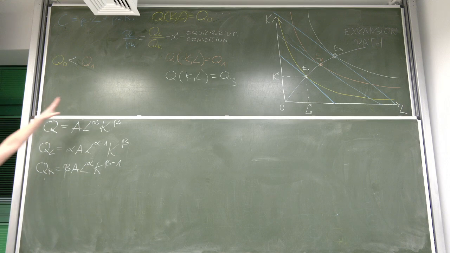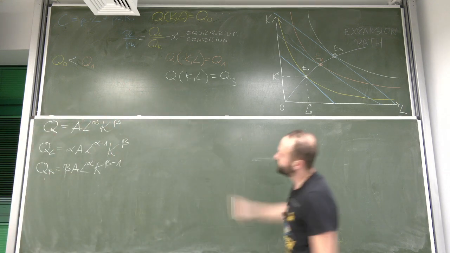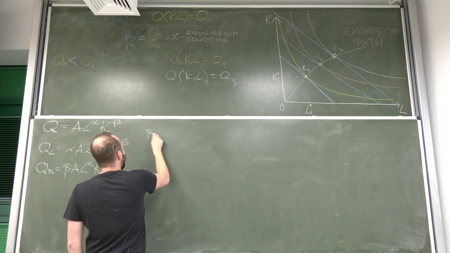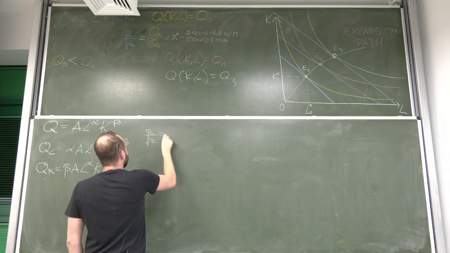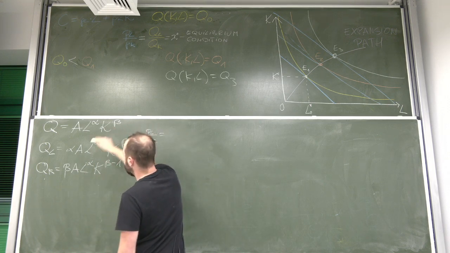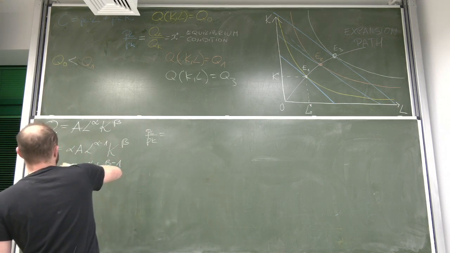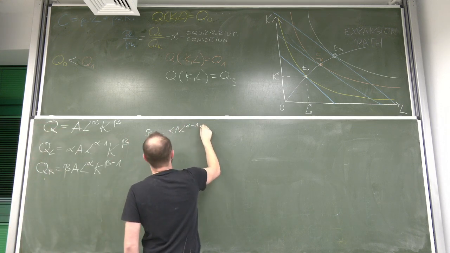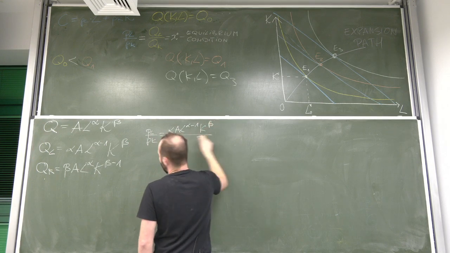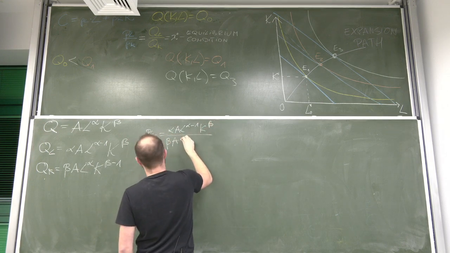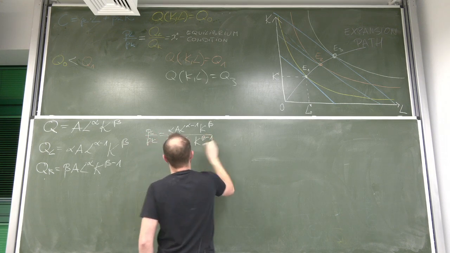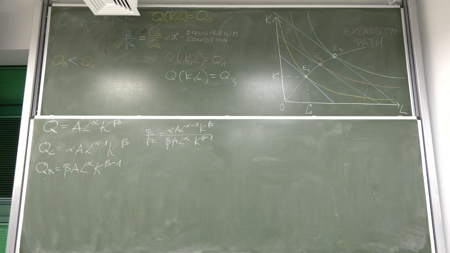Okay, and now look, all I need to do is to substitute those two values into the ratio that we've got over there. So we've got that PL over PK is equal to alpha A L^(alpha minus 1) K^beta over beta A L^alpha K^(beta minus 1). Okay, and look, let's get rid of everything we don't need.